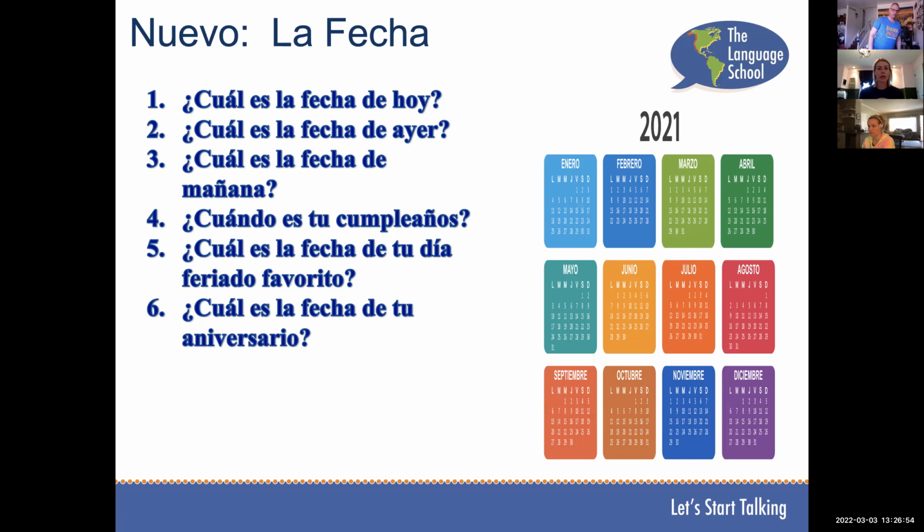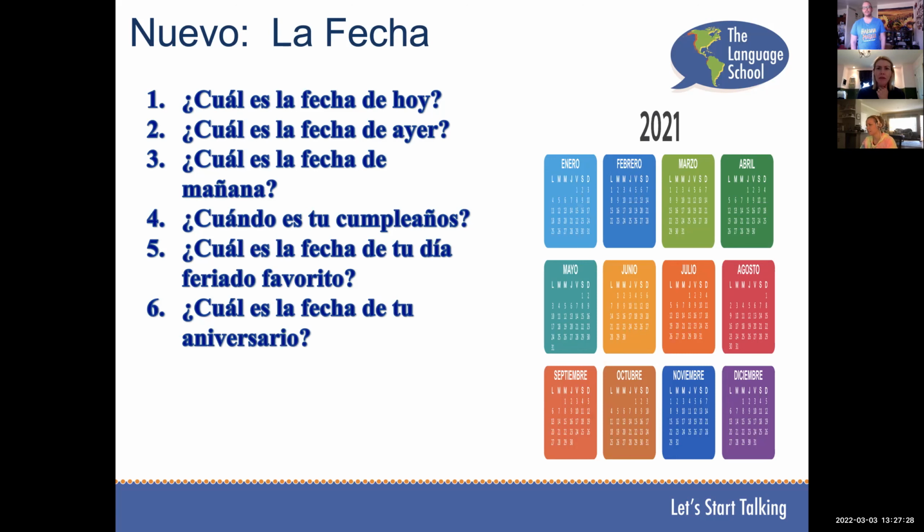¿Cuándo es tu cumpleaños? Mi cumpleaños es el 11 de febrero. Muy bien. ¿Cuál es la fecha de tu día feriado favorito? No sé. ¿Qué significa feriado?